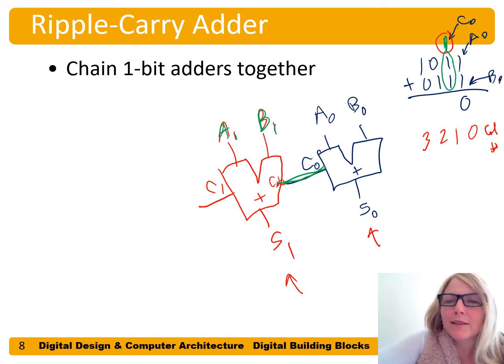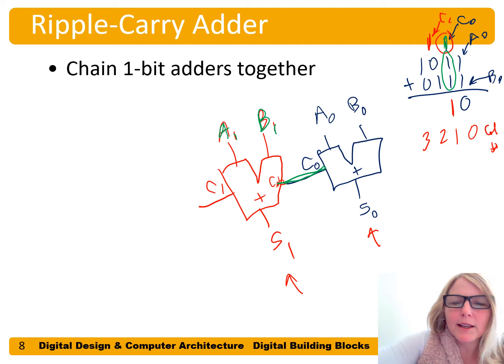In this case, 1 plus 1 plus 1 is 3, so we get 1. Our carry out of column 1 is 1 in this case, and it's going to get carried in to the next column, column 2.